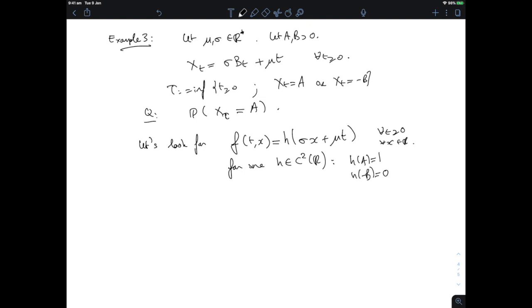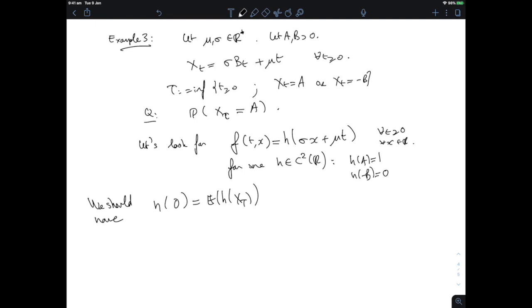Now, the point of that is that h of 0 should be the expectation of h of X_tau, if the entire reasoning works. So if h of X_t is a martingale, then its expectation should be constant.